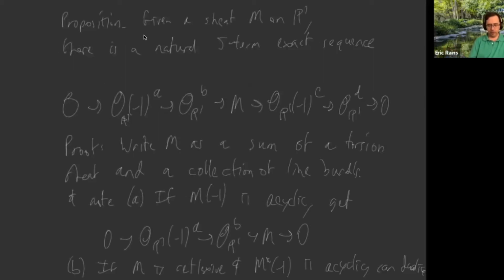And so in other words, if you look at this 5-term exact sequence, the vector bundles implicitly arising in each of these terms is a cohomology sheaf of either M or M twisted by minus 1. And so that makes everything natural.